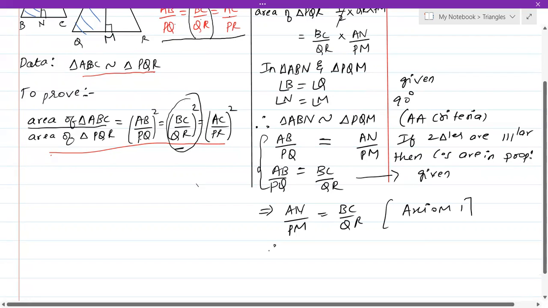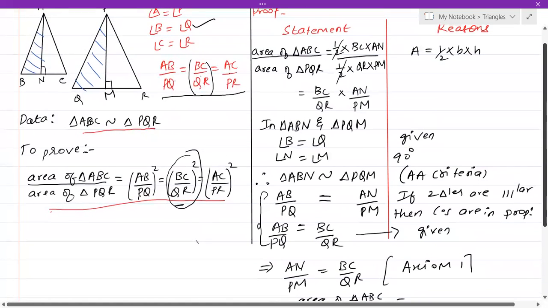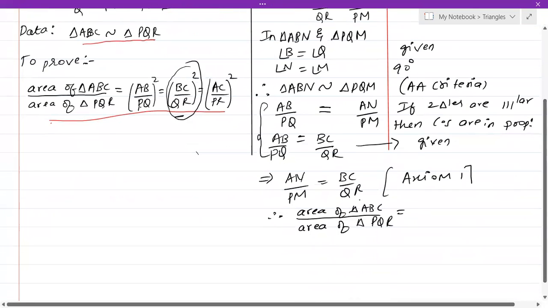Therefore, area of triangle ABC by area of triangle PQR, what we had earlier was BC by QR into AN by PM, isn't it? Now, BC by QR into AN by PM can be written as what? BC by QR, because we have already proved it here.